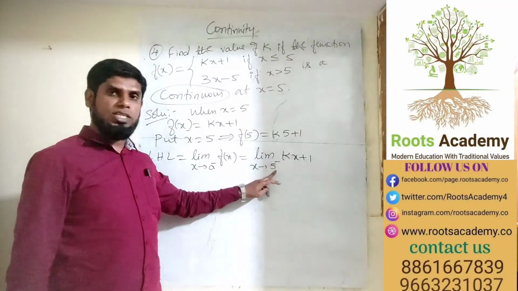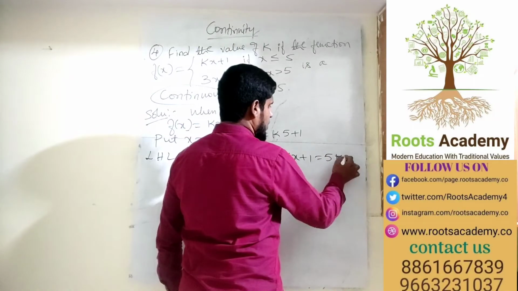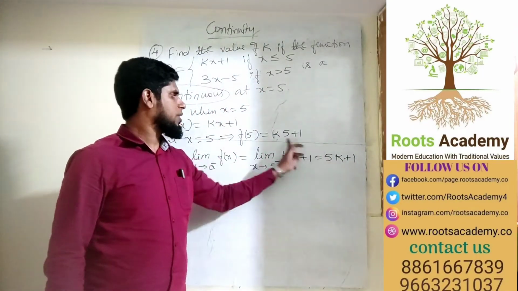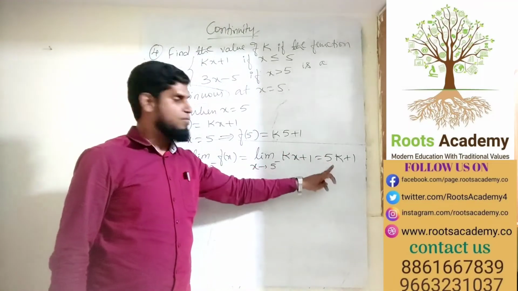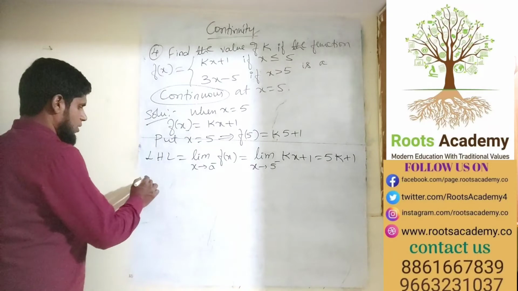If I substitute x as 5 here, this becomes 5k plus 1. These two are the same, k times 5 plus 1 or 5k plus 1. Both are the same. Okay, now the right hand limit.